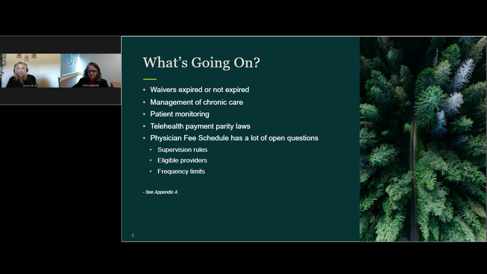CMS has indicated pretty recently that they're considering a facility payment model. So you would not be receiving the same amount of payment as if you saw a patient in person, but there could be potential RVU impacts. So, things to be thinking about. And I'll talk a little bit more about supervision rules, eligible providers, and frequency limits as we move through the presentation.